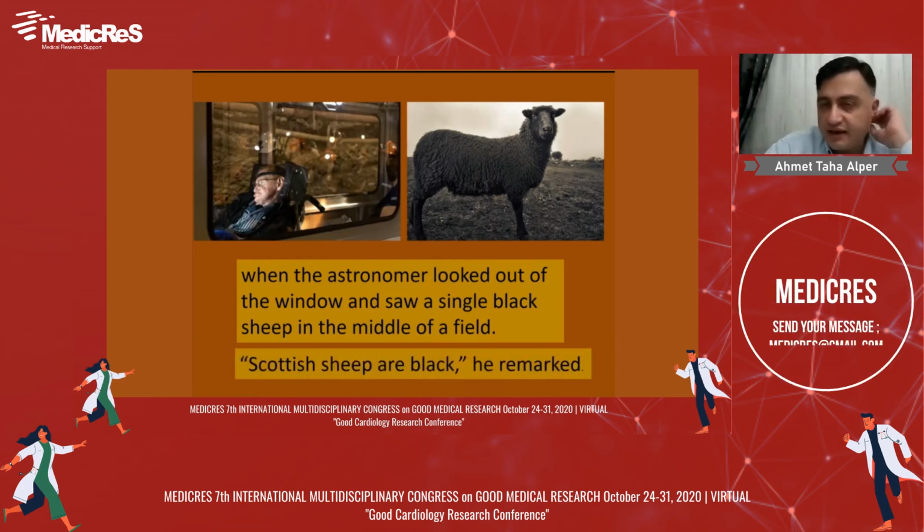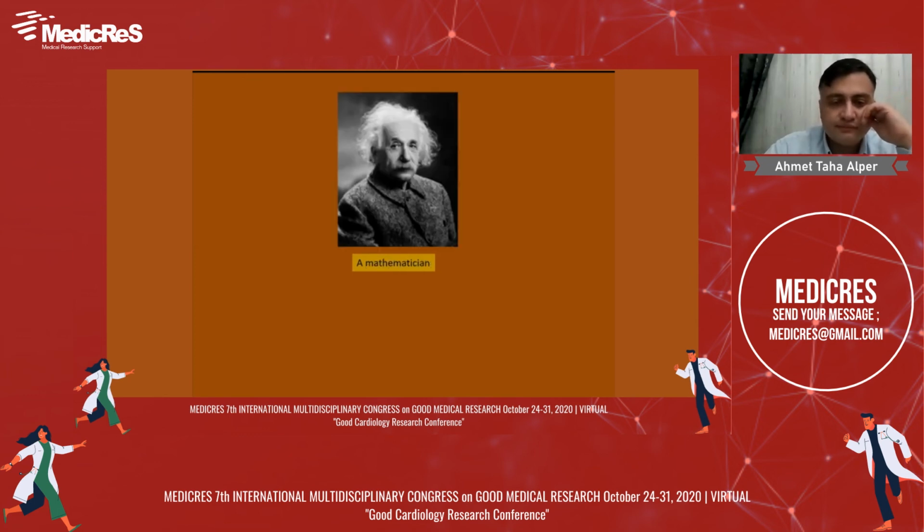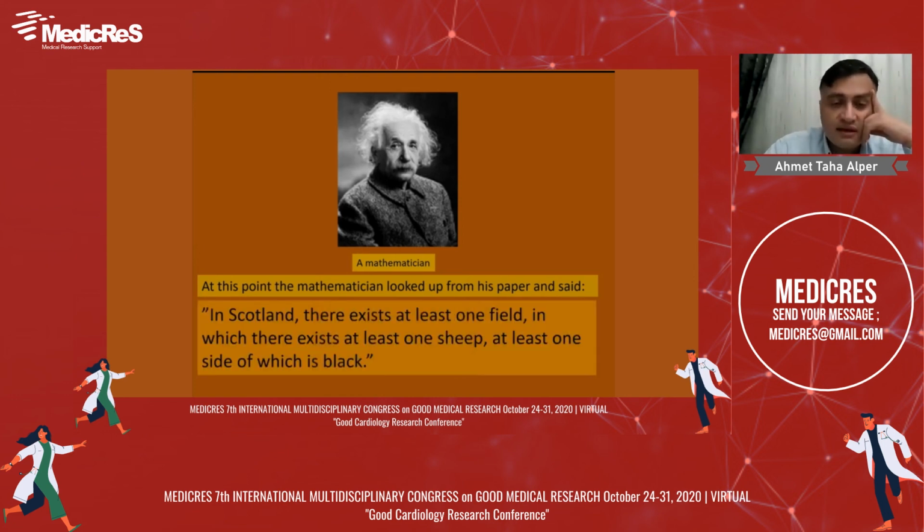Scots sheep are black, he remarked. No, my friend, replied the physicist, some Scottish sheep are black. At this point, the mathematician looked up from his paper and said, in Scotland, there exists at least one field in which there exists at least one sheep, at least one side of which is black.